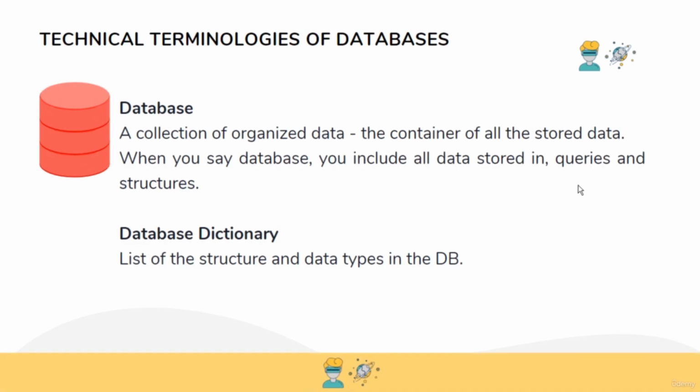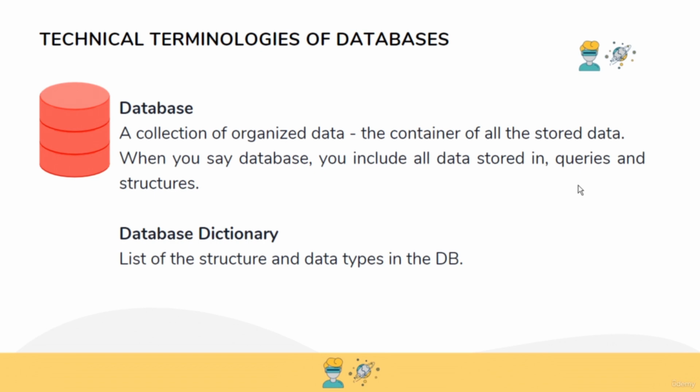First one is database. Database is simply a collection of organized data. It's the container of all the stored data. Imagine the posts, the uploads of videos, of stories, musics that you make in Facebook, for example. All that data needs to be stored somewhere. Where?